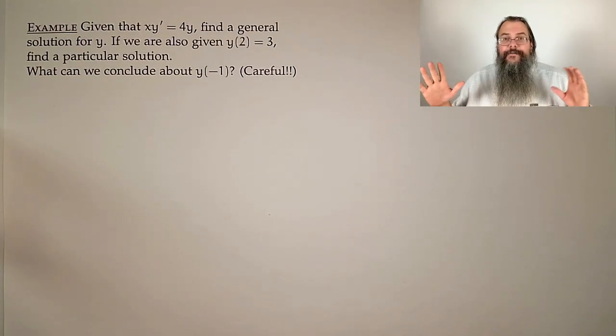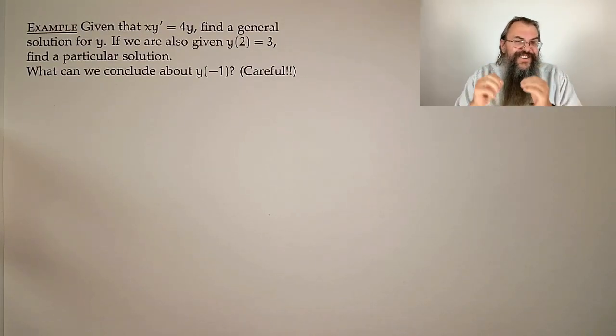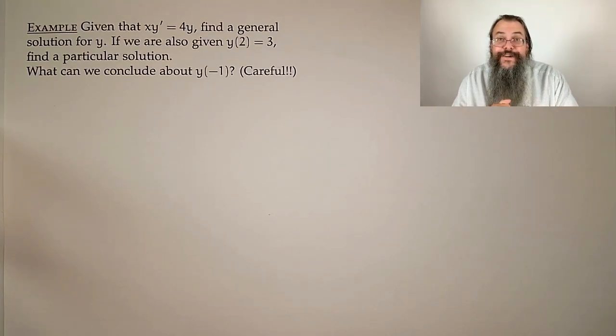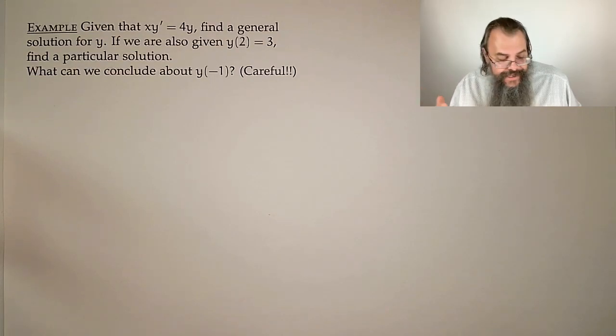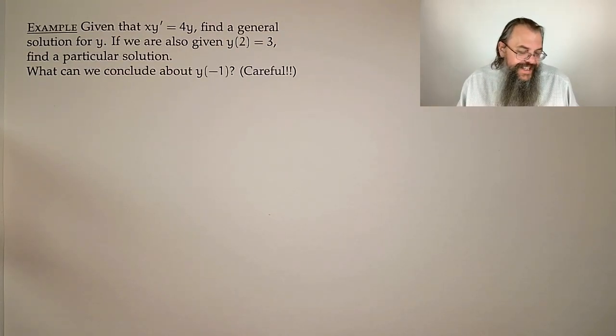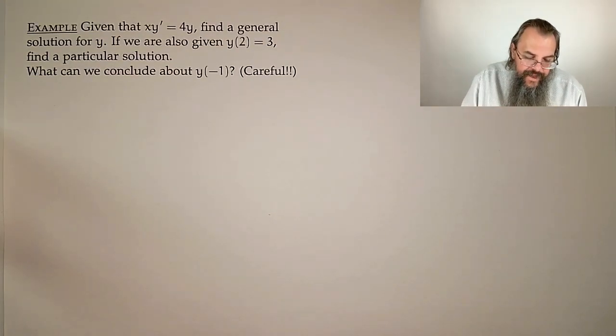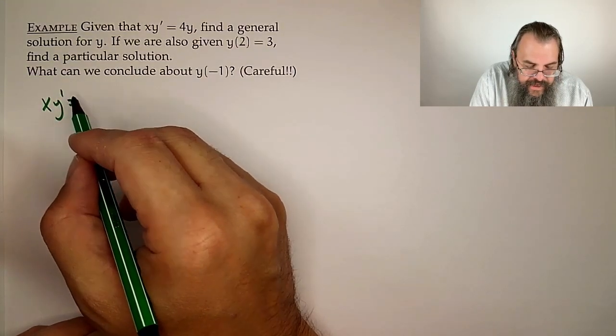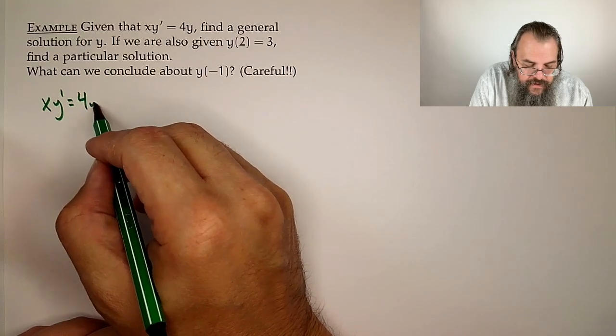Okay, now I will tell you we don't quite yet have the right tool. So we're going to pull out our favorite thing right now, which is our black box. And we'll ask the black box, what's a solution look like? So xy prime equals 4y.